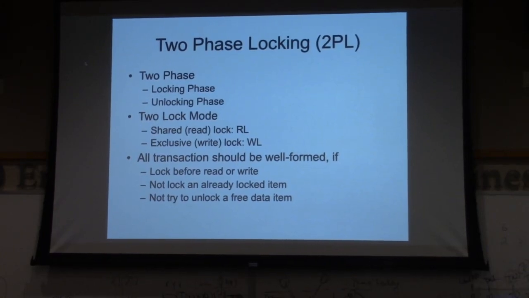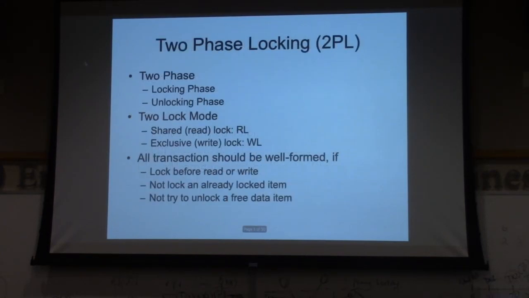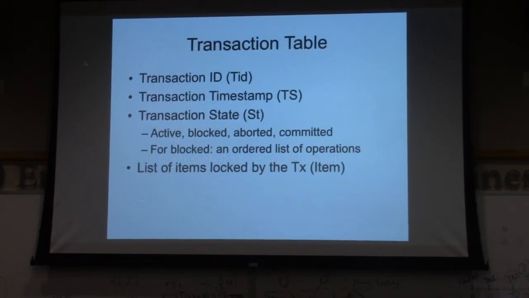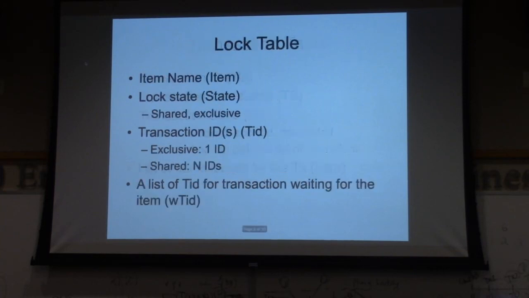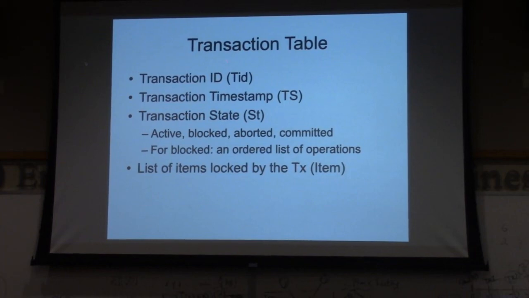Okay, so let's see two-phase locking. We have seen this one. There's another table the lock manager manages. One is the lock table that we have seen. Another one is a transaction table. The transaction table is the general transaction management that includes the ID and timestamp, because we should know when the transaction started.